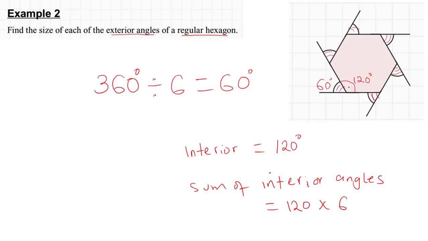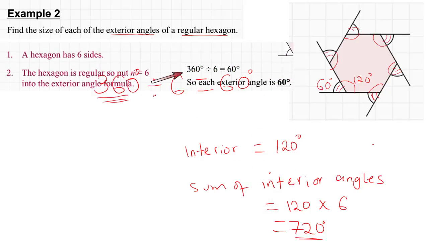If you count them, I've got one there, another one there, another one there, another one there, another one there, and another one there. So they're basically 6. So if you do that, you're going to end up with 720. So the angles on the outside all add up to 360, but the angles on the inside on this one add up to 720. Okay, so that's how to do that.